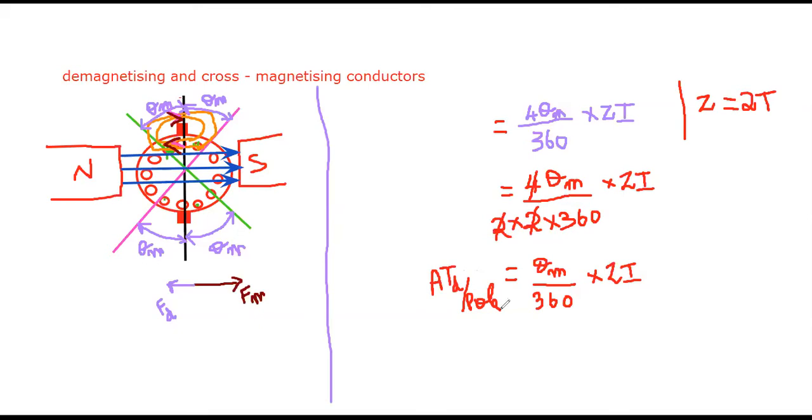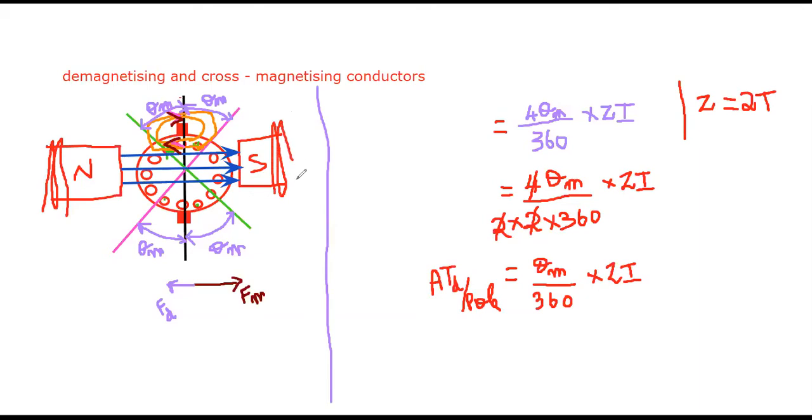Now, what is the remedy for this demagnetization effect? That means how to eliminate this demagnetization effect here, right? The method to eliminate the demagnetization effect is to include more number of turns. We have to include more turns to the main winding.